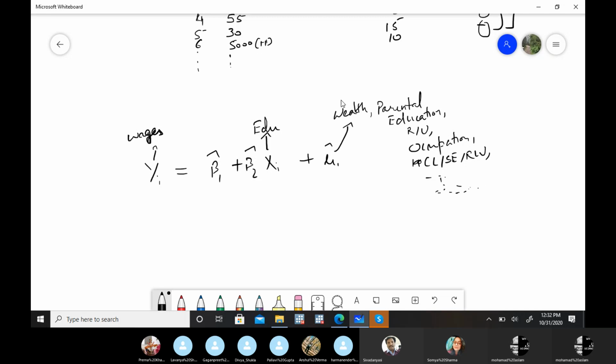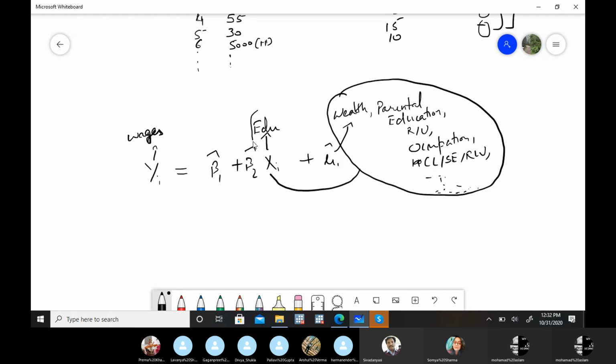The assumption is that all these other unknown factors are not correlated with your independent variable. This correlation is zero. Now just take a break and think: is it the correct way?